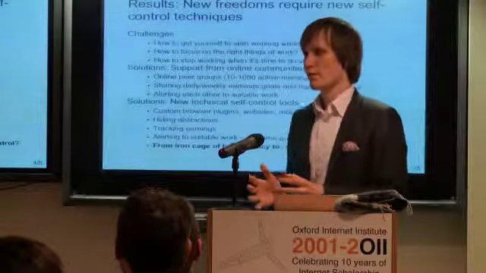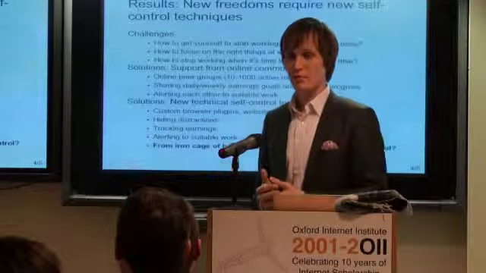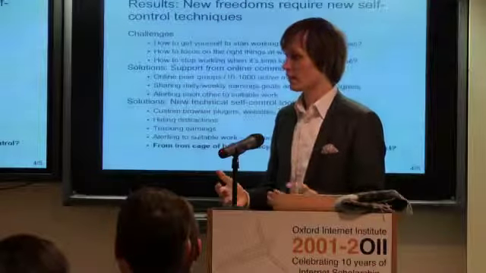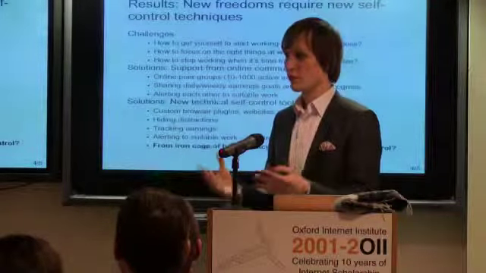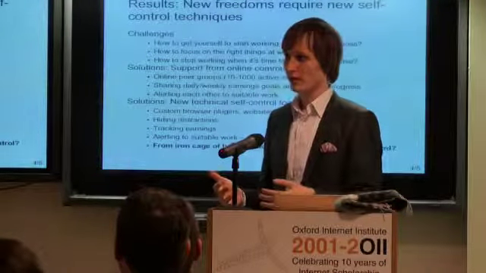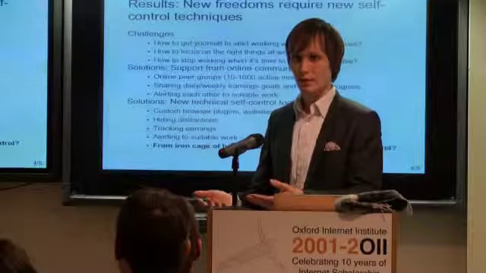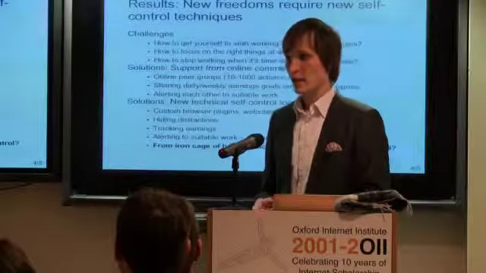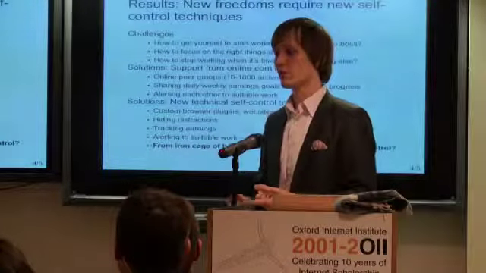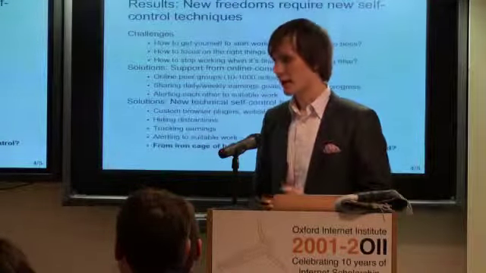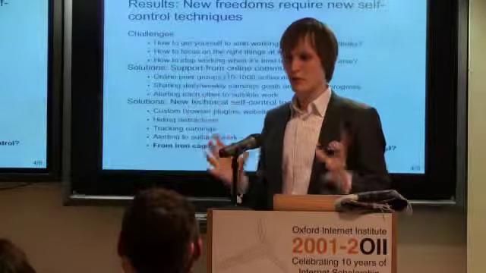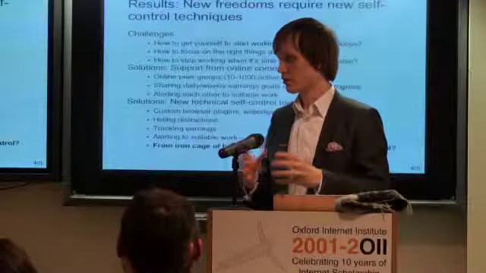So to cope with these new types of problems of self-control, people again turned back to the internet. They found internet communities and online communities to replace some of the social context that normally would be provided by a physical workplace. And another thing that they did was that they used all kinds of software tools, browser plugins, mobile applications, web applications, to actually build a structure of control around themselves and structure their lives.